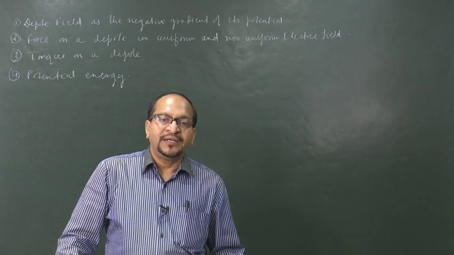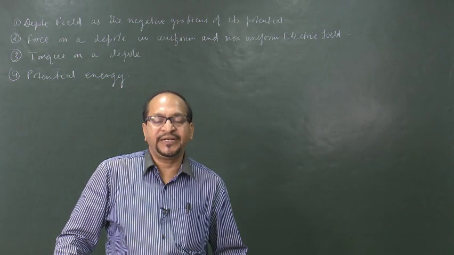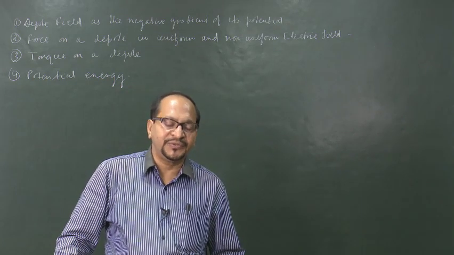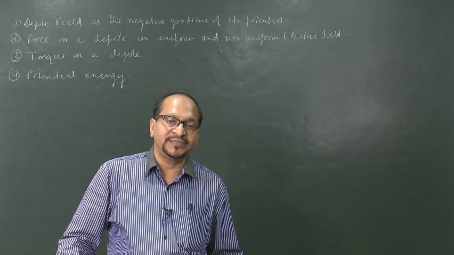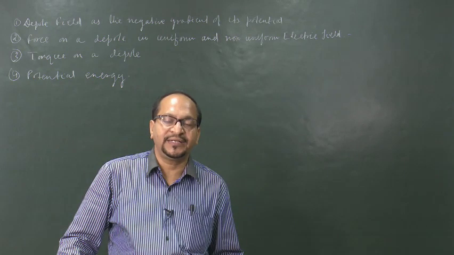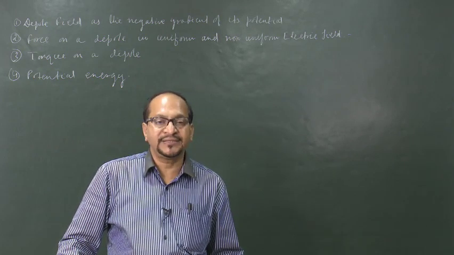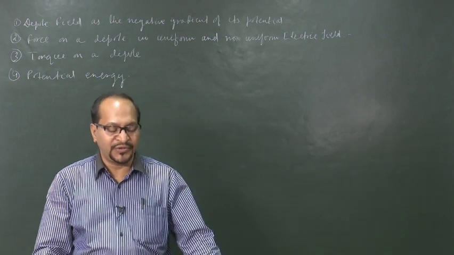potential. And in the previous classes we have explained that any electrical influence due to a charge configuration is characterized by two fields. One is a scalar field, the electric potential, and another is a vector field, that is the electric field, and there exists a relationship between field and potential, that is the electric field is the negative gradient of potential.